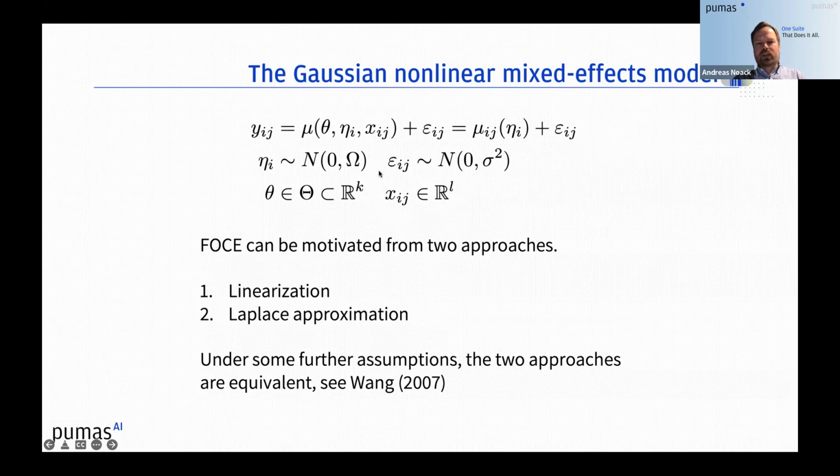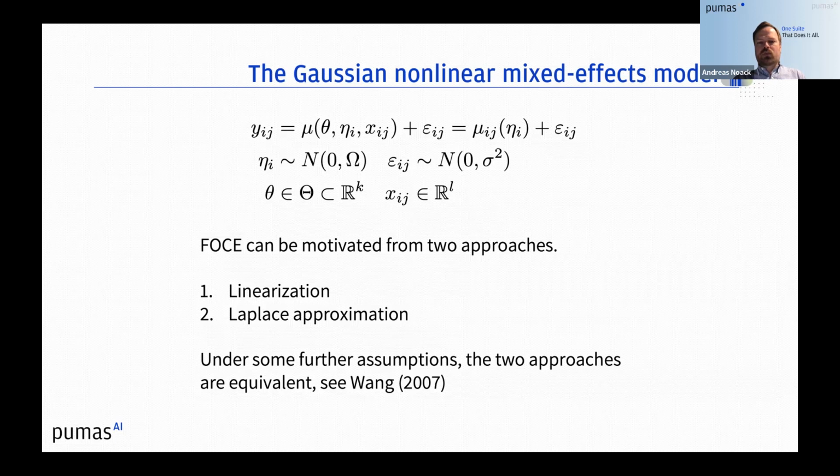The eta is a multivariate Gaussian in this simplified case, and the epsilons are independent, identically distributed Gaussians as well, with the same variance as mentioned. And theta is the parameters of interest, and x can be a vector, but again, it doesn't matter for this treatment.